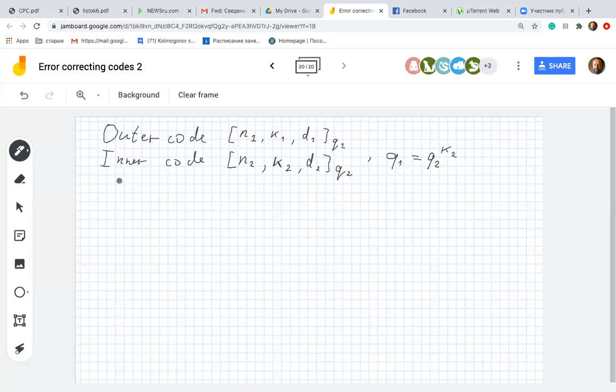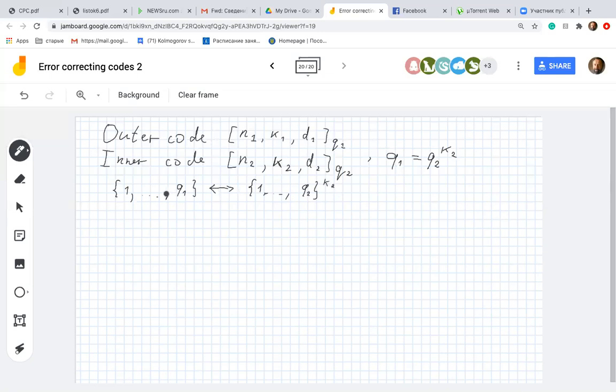To construct a concatenated code, we fix a one-to-one correspondence between the outer alphabet and the sequences of K2 symbols of the inner alphabet.